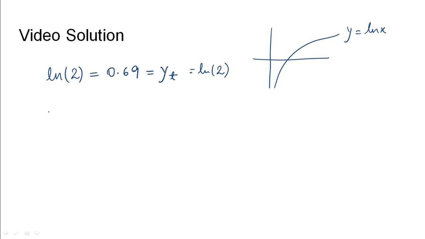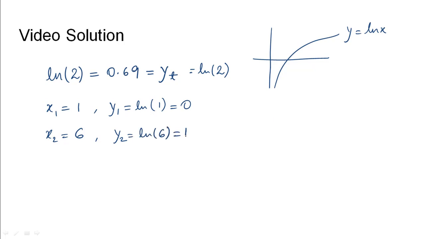Now we are given 2 points, x1 equals 1 and x2 equals 6. The corresponding y coordinates are defined using the ln function: y1 equals ln of 1, that will be 0, and y2 equals ln of 6, that will be around 1.79.